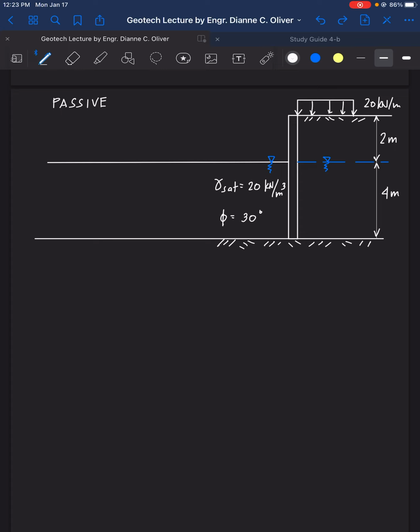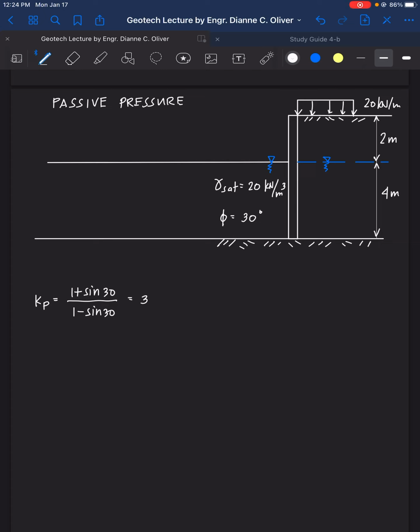So for passive pressure, let's have the K passive, or the coefficient for passive. So phi here is 30 degrees. For K passive, we have 1 plus sine 30 all over 1 minus sine 30, that is equal to 3.